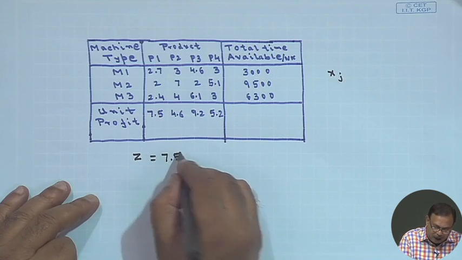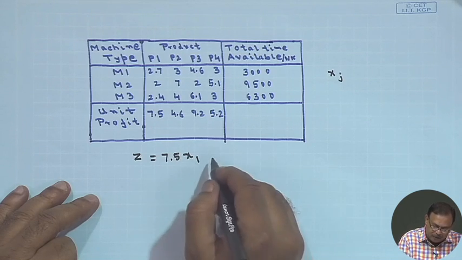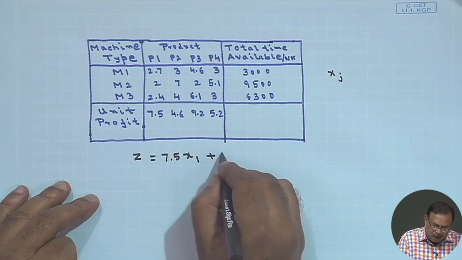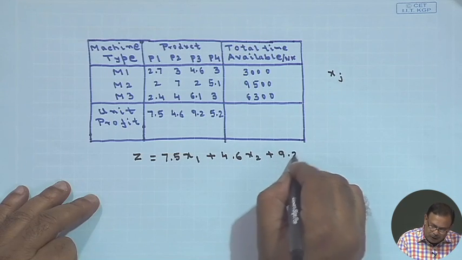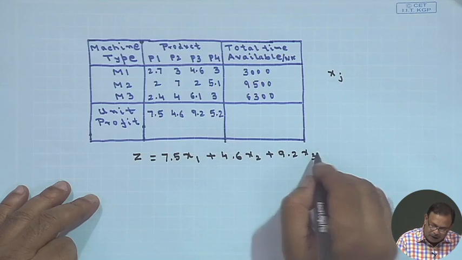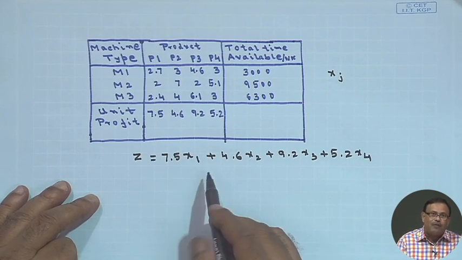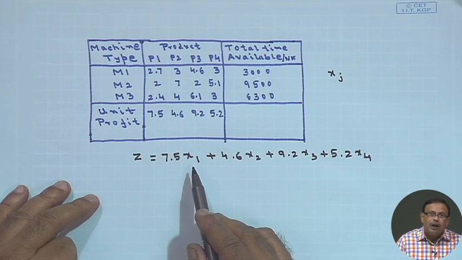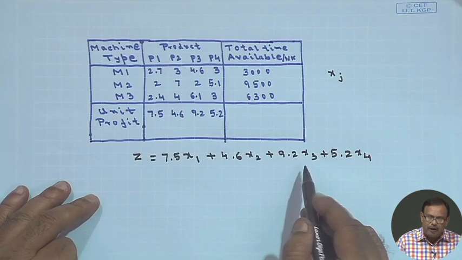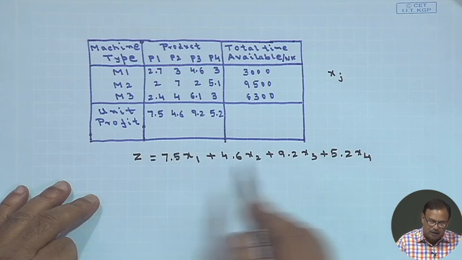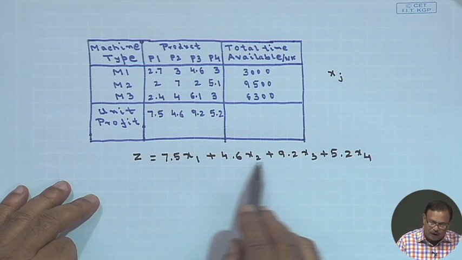Therefore, 7.5 is the unit profit for product P1. So, z equals 7.5 x1 plus 4.6 x2 plus 9.2 x3 plus 5.2 x4. This is the actual profit if I am producing x1 quantity of P1, x2 quantity of P2, x3 quantity of P3 like this, with their unit profits. I can find one objective function like this.